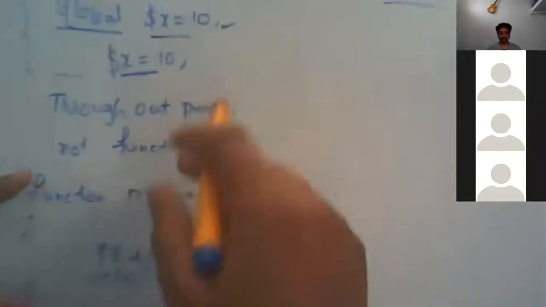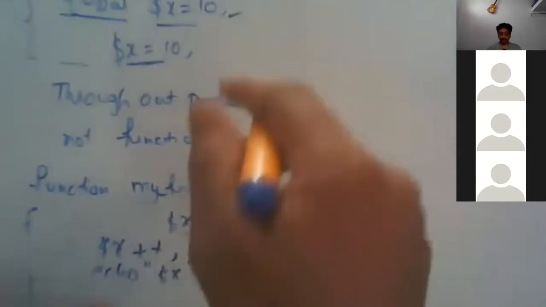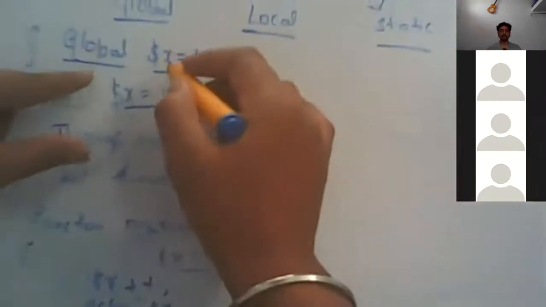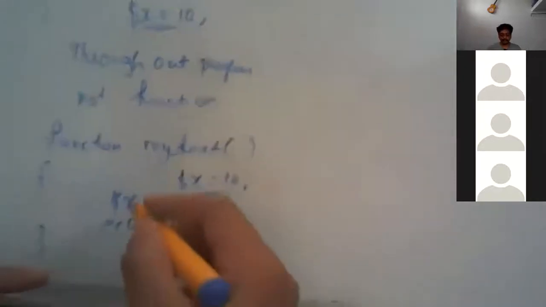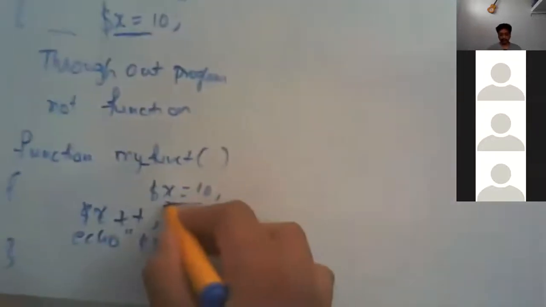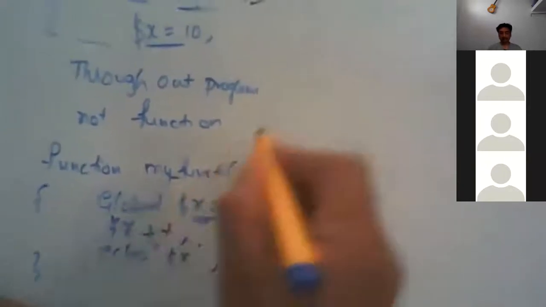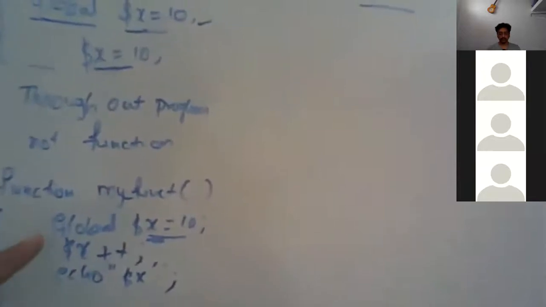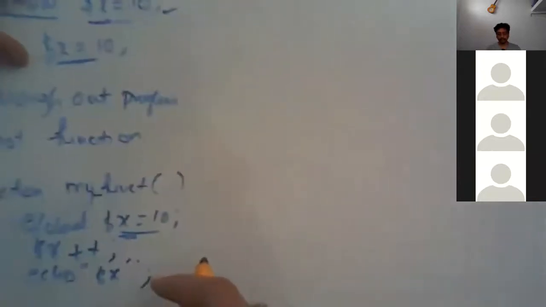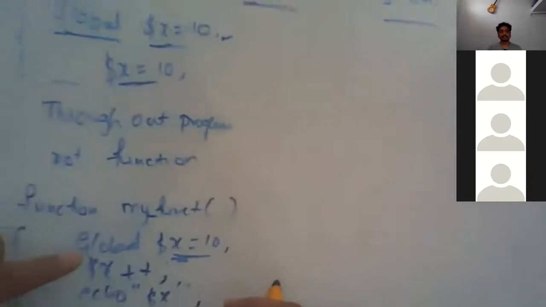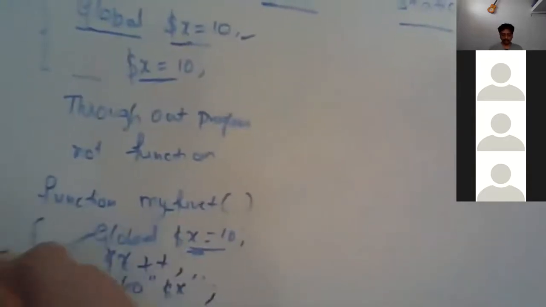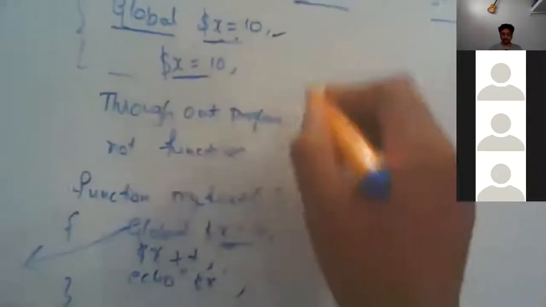It can be accessed anywhere outside the function, but not inside the function. If you want to use this global variable inside the function, you need to call that variable by its name with the keyword global. Then only can this variable be accessed inside the function. Without using the keyword global, we cannot access the global variable inside my function.